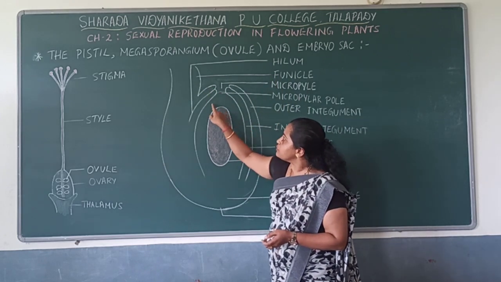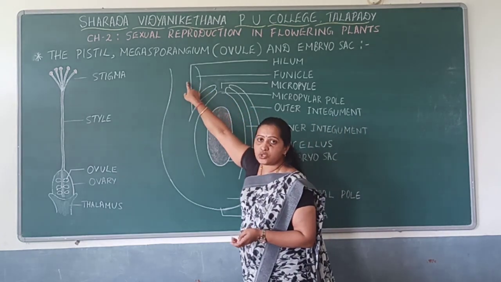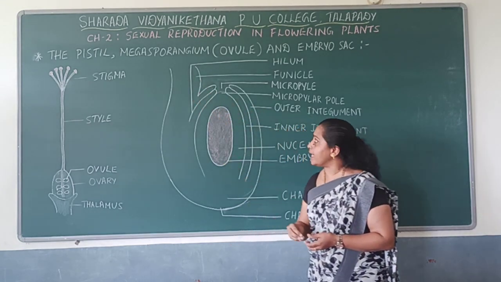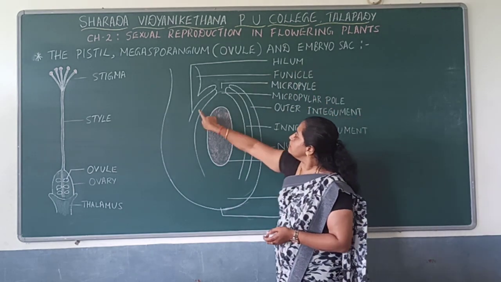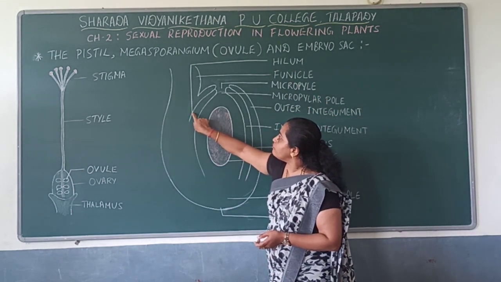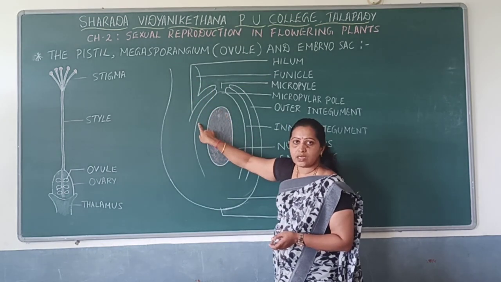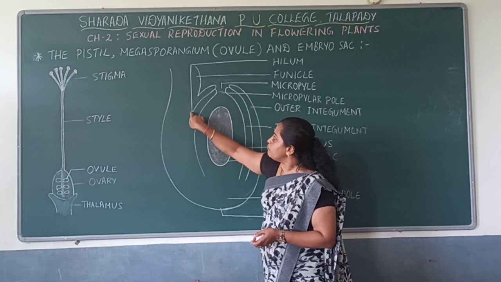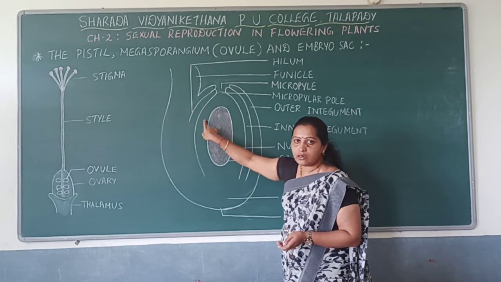Between the funicle and the oval-shaped ovule, the attachment is by a structure known as hilum. So hilum forms a point of attachment for funicle with the ovule.